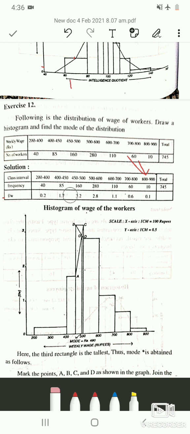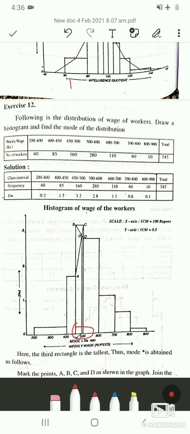So what we have to do is, first check whichever has the tallest rectangular box. For that, make diagonal lines as shown here. So these are the diagonal lines, and wherever the diagonal lines coincide, from there make a straight line towards the x-axis, and wherever it touches the x-axis, that particular value is your mode.